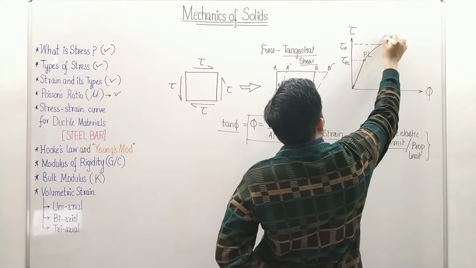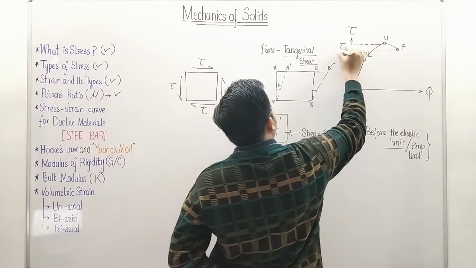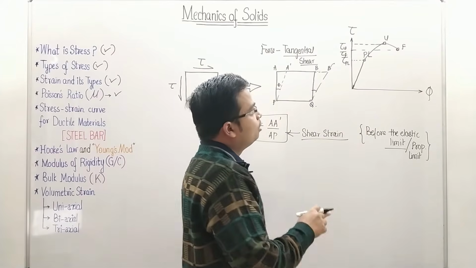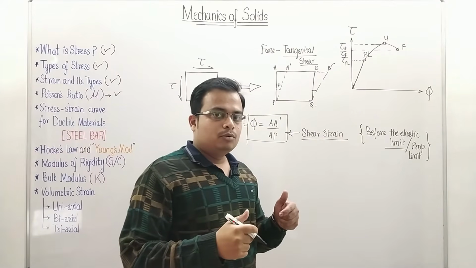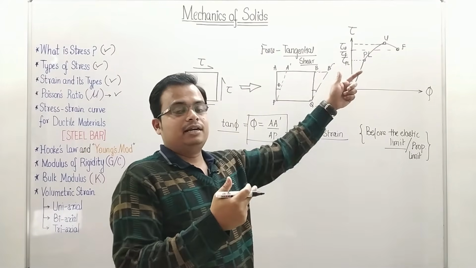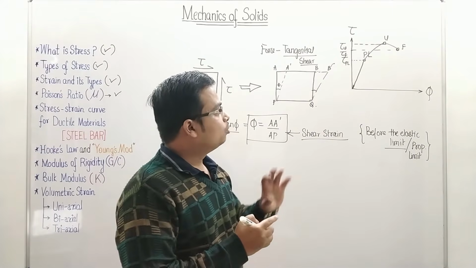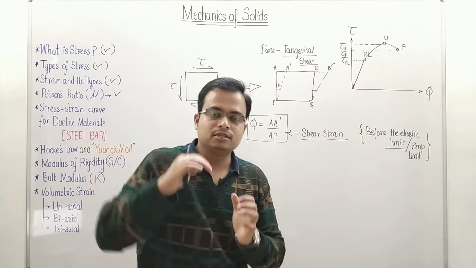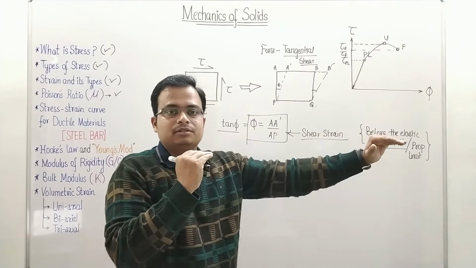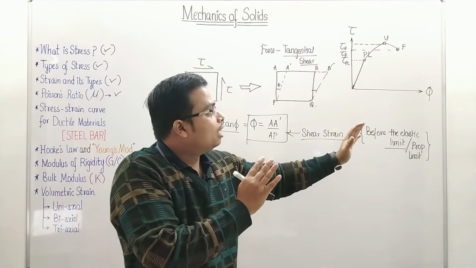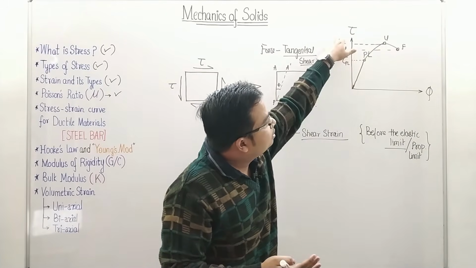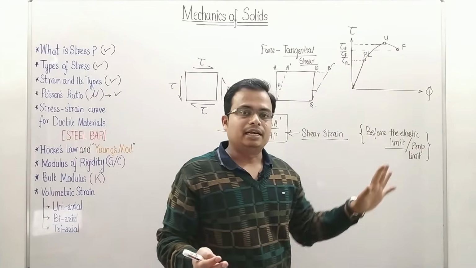This is fracture and this is ultimate, and the stress corresponding will be tau F. So this is the kind of plot which you will get if you follow the same process that we had done in the tension test. Here the only thing you need to remember is that the force applied will not be axial and pulling outwards, the force will be tangential to the surface. That's it. If you do a test like that, you will get a plot. This is the shear stress, shear strain diagram.